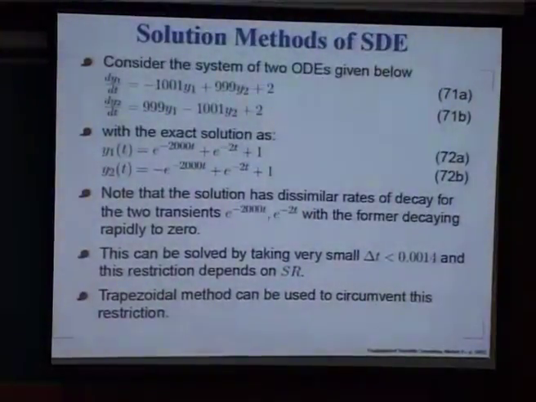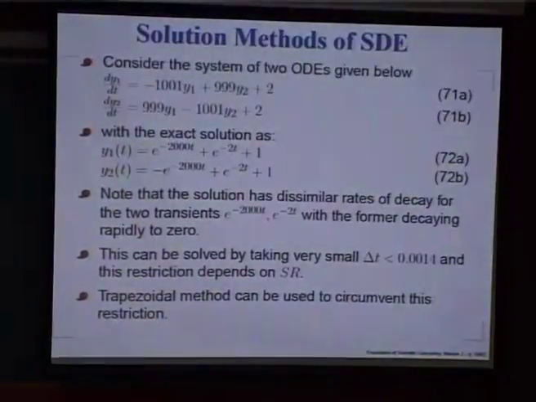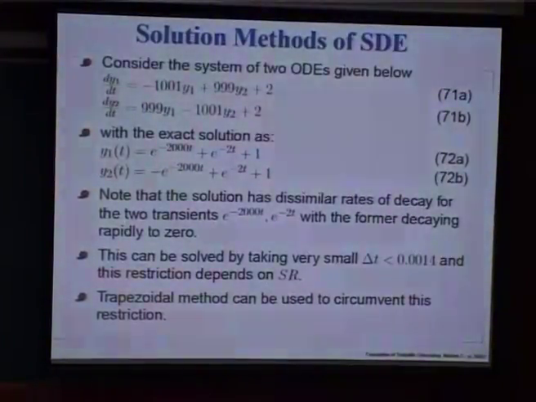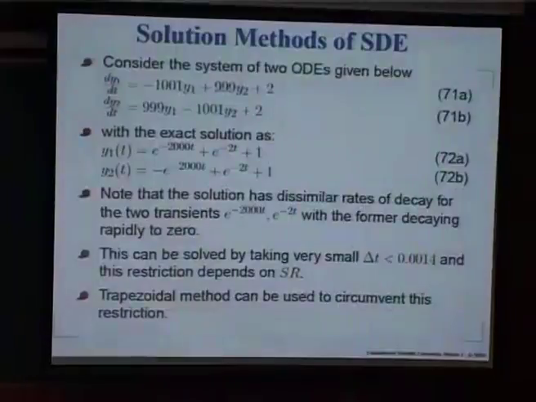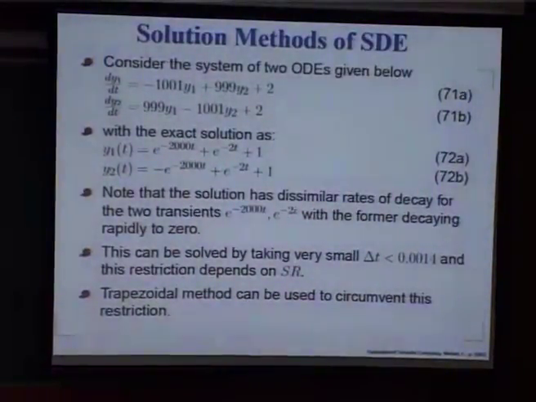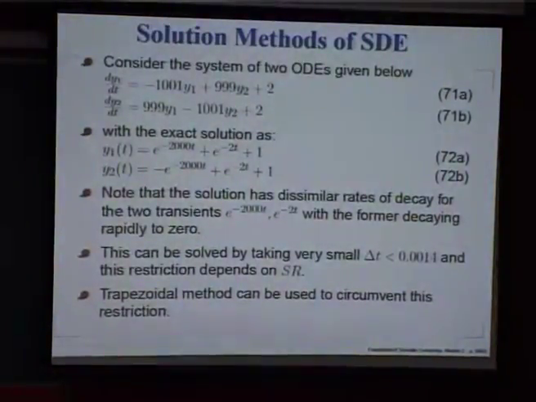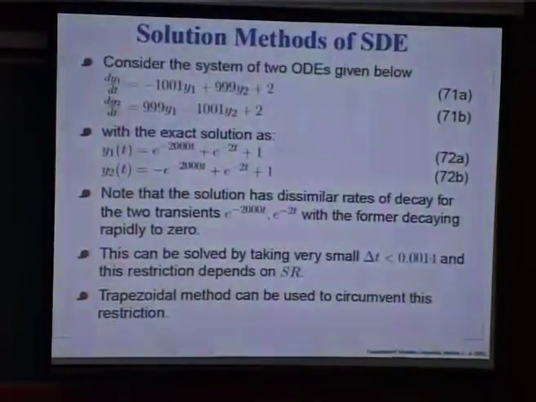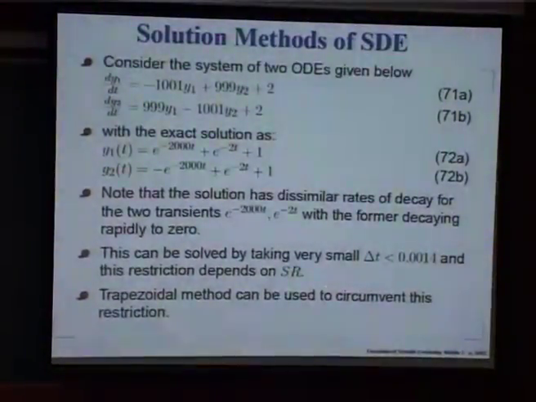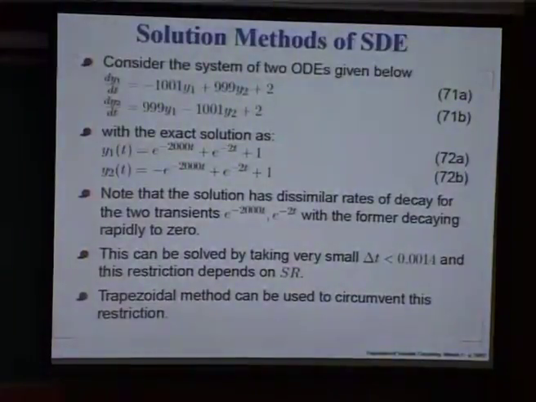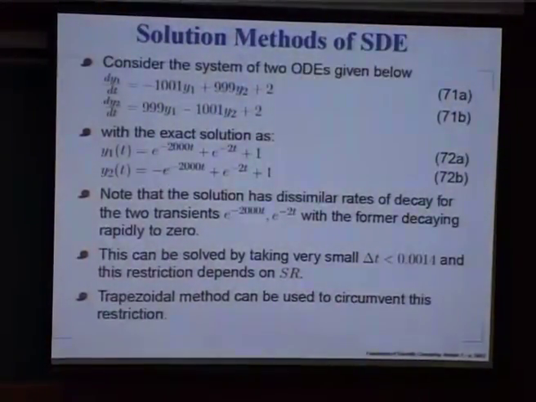We talked about this example as a model which shows that it has two fundamental modes. One decays rather rapidly as e to the power minus 2000 t, and the second one gently decays with an exponent of minus 2t. If you try to solve this simple equation by the very best method that you can talk of, that admits a very small time step, because you have to resolve this variation. That restricts the time limit that you can advance your solutions.